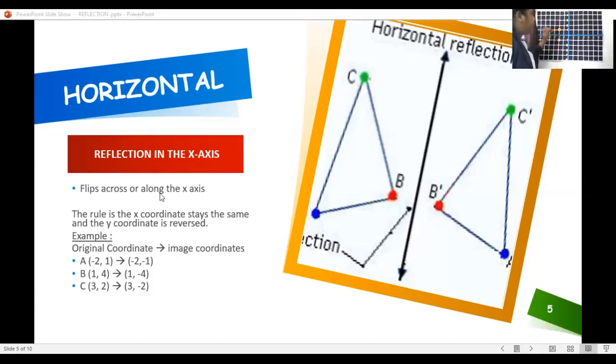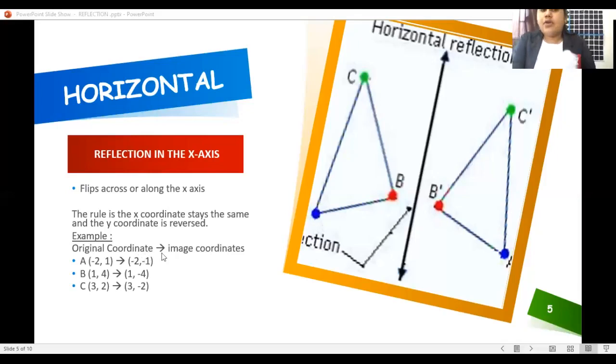It means that our x value will remain the same and our y value will change. From a positive, it becomes negative. As shown in this example, we have -2, 1, which is our original coordinate.